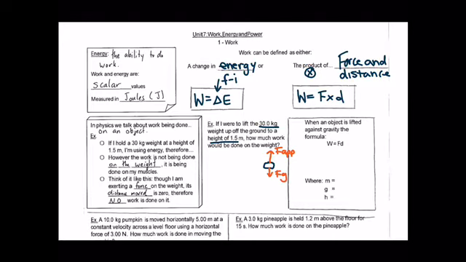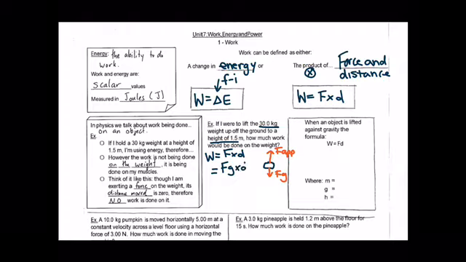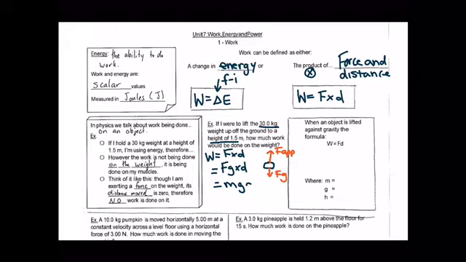So when we do work, it's going to be force times distance, and it will be our force of gravity times distance. Mass times gravity times the distance. So our mass is the 30 kilograms times 9.8 times 1.5 meters. So the amount of work being done on this weight is 440 joules.